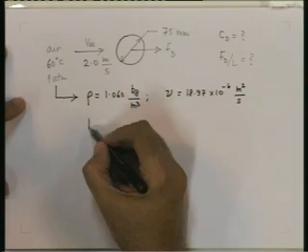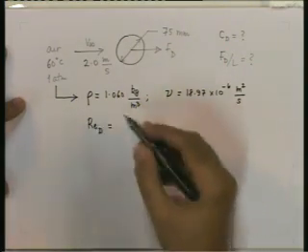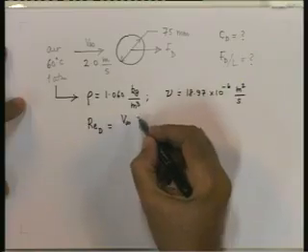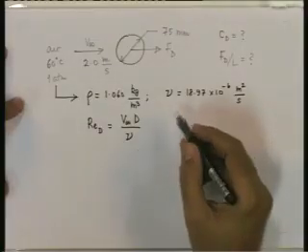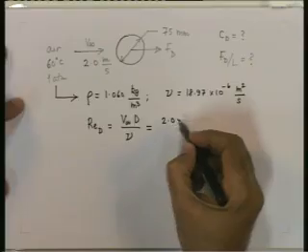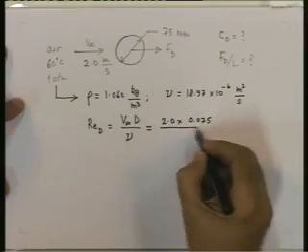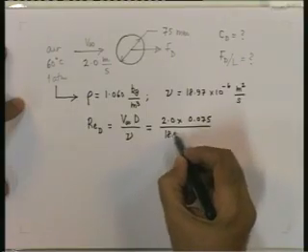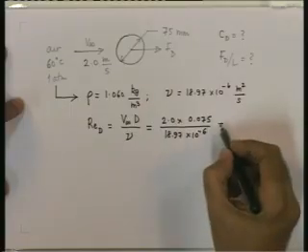We first calculate the Reynolds number based on the diameter. This will be V infinity D divided by kinematic viscosity nu. This will be 2.0, diameter 0.075 meter, kinematic viscosity 18.97, 10 raised to minus 6.